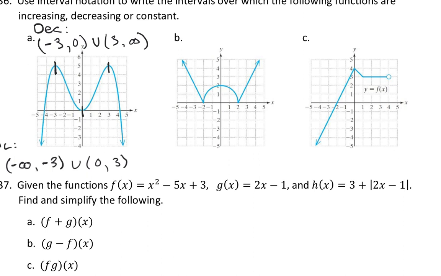Now for part B, I'm going to mark the points where I think it's changing direction again. So here, here, and here. So let's start with increasing. I see increasing from -2 to 0 and from 2 to infinity.